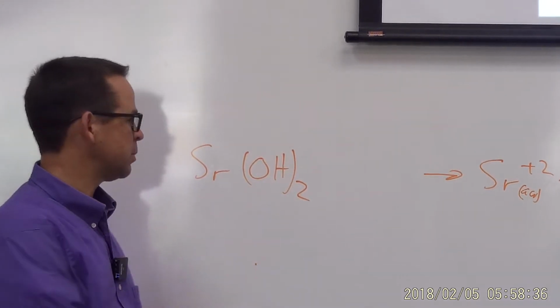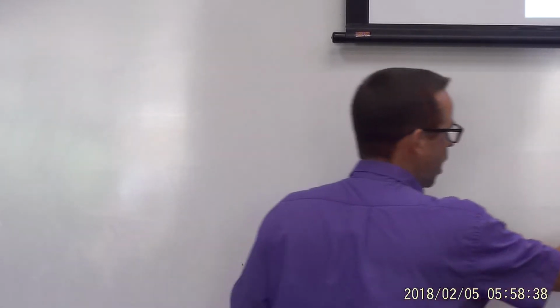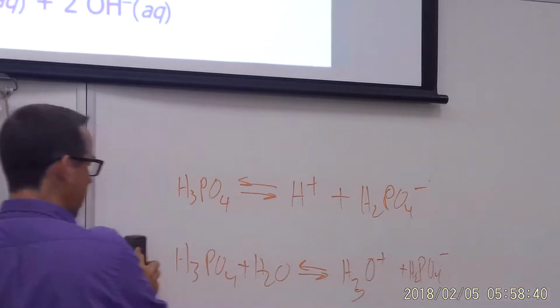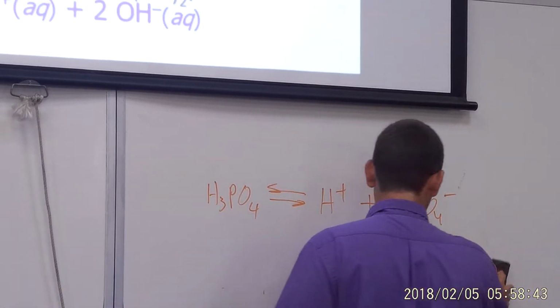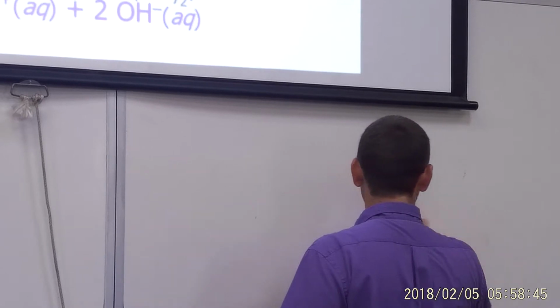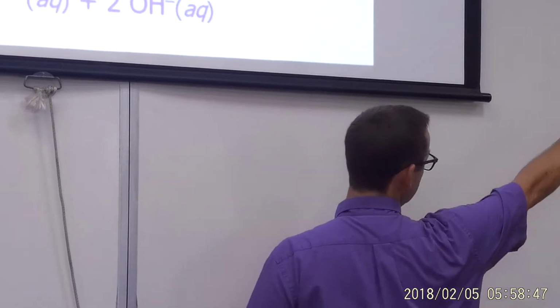All right, so let's practice one. I'm not going to tell you whether it's a strong acid, weak acid, strong base, or weak base. I'll leave that up there, and we'll see if you can determine which one it is.